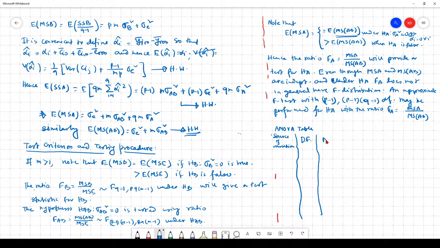Third is SS, sorry, third is MS. Fourth is expectation of MS. And last one is F ratio. Please complete this table. This is your homework. As before, I think you can complete this table.